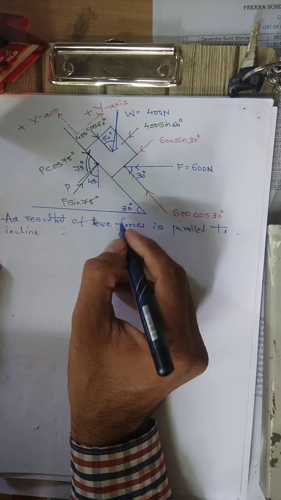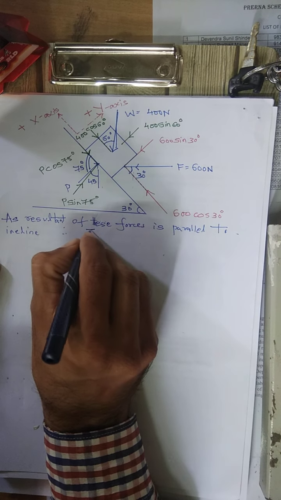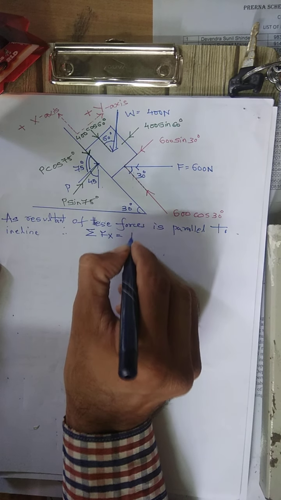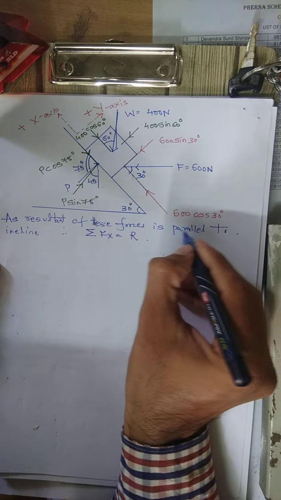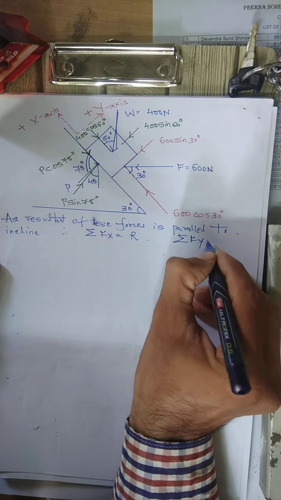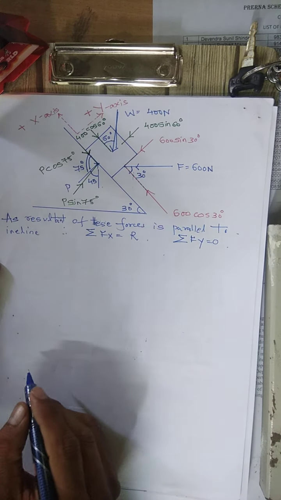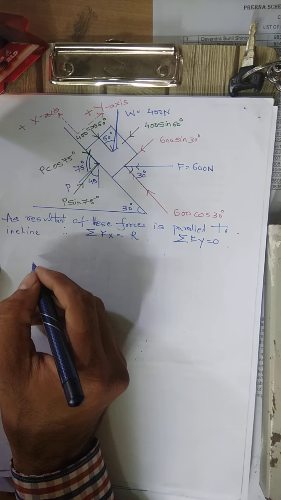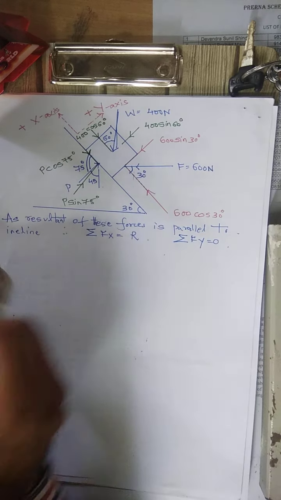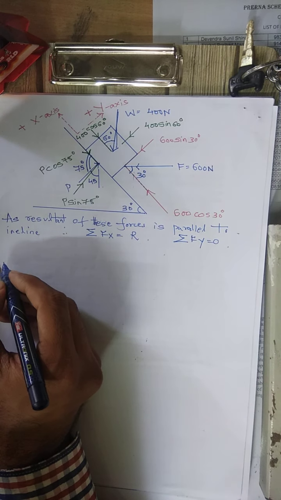Therefore, that means the summation of Fx will be equal to the resultant, and the summation of Fy will be 0. So this sentence indicates these two meanings. Okay? Fx is equal to the resultant and Fy is equal to 0.